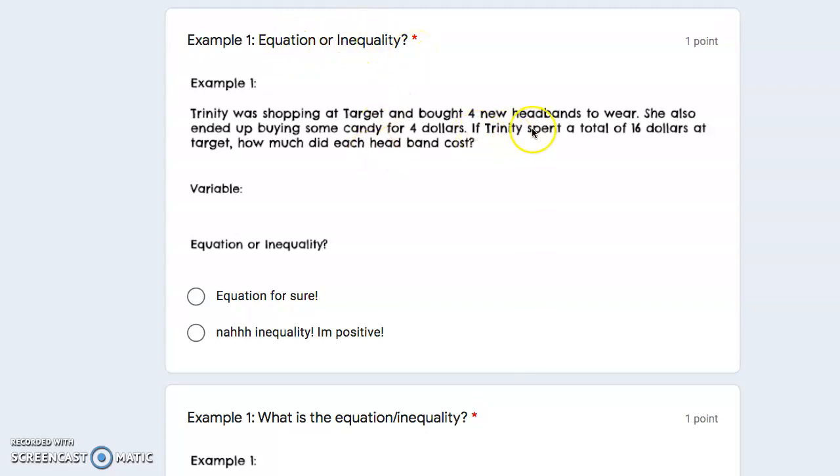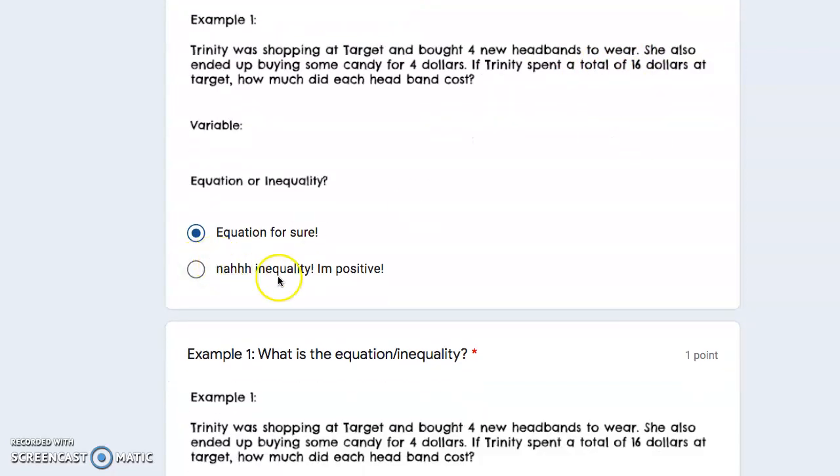If it's telling me that she spent exactly a total of $16, that means this is definitely an equation, because remember, an inequality has more than one solution. It would say maximum or minimum or at most or at least. Here it's telling me exactly how much was spent.